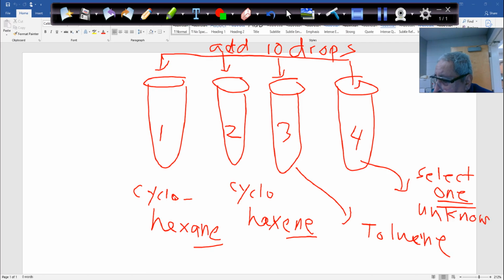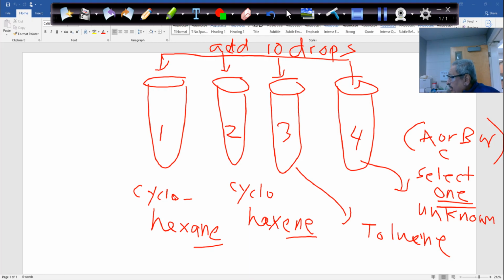So how many unknowns do we have? A or B or C. Select one, only one. And then at the end of the whole lab, you'll be graded on what this unknown is all about. It will be one of them. I have the key from the lab supervisor, and they will tell you if you are correct.